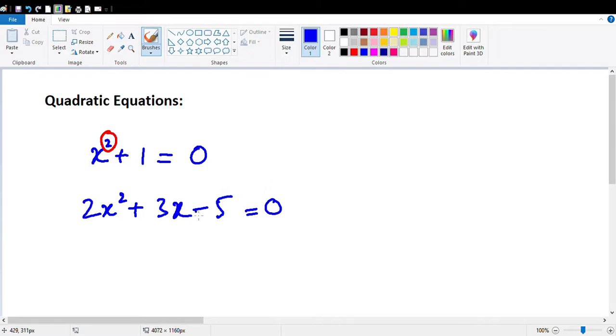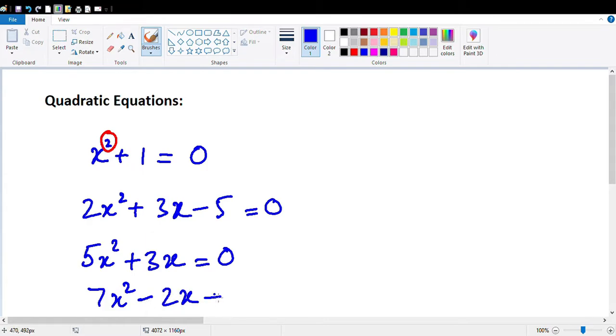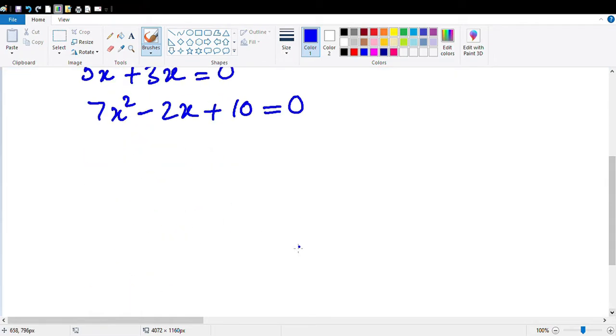Examples of quadratic equations, I can give you plenty of them, right? You can have 5x squared plus 3x is equal to 0. You can have 7x squared minus 2x plus 10 is equal to 0, right? These are a bunch of examples.